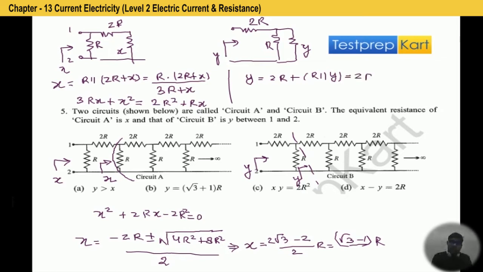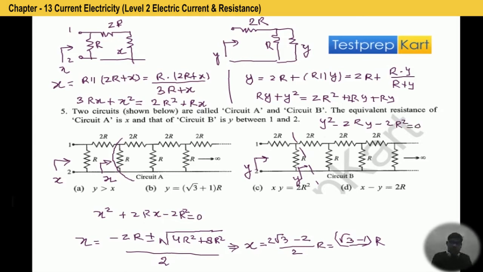So this is 2R plus R into Y upon R plus Y. So from here we can write RY plus Y square is equal to 2R square plus 2RY plus RY. So this will give us Y square minus 2RY minus 2R square is equal to 0.